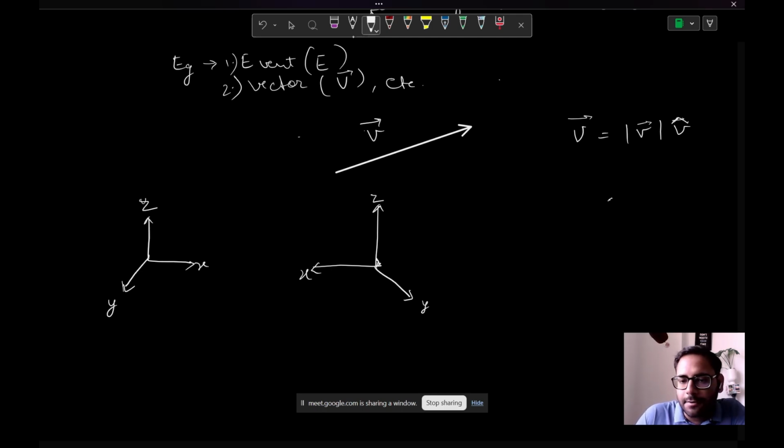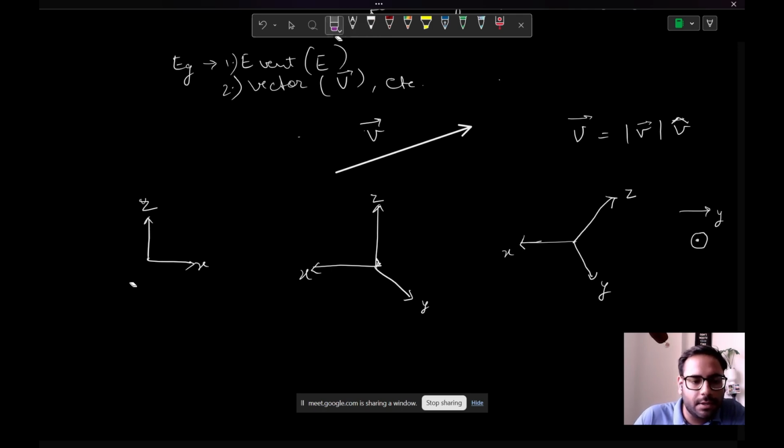Similarly, I can draw a reference frame like this, where y is again pointing out of the screen. Remember that. My z and x are on the screen.